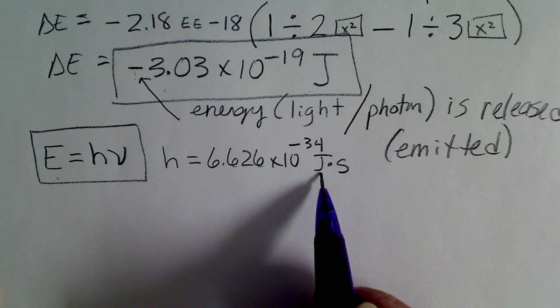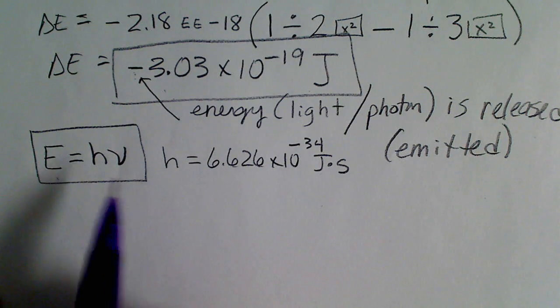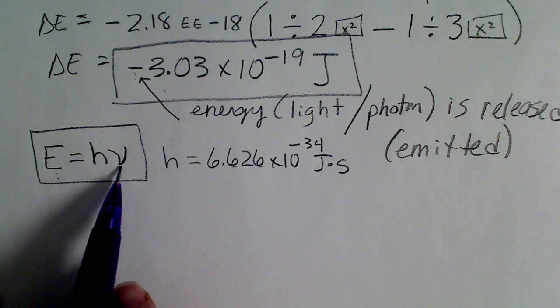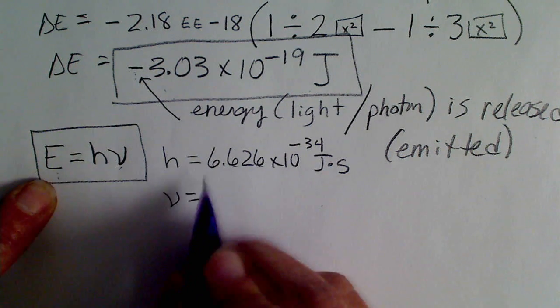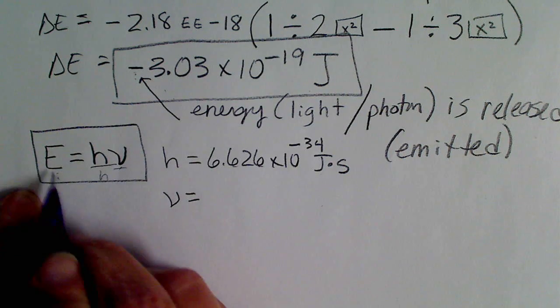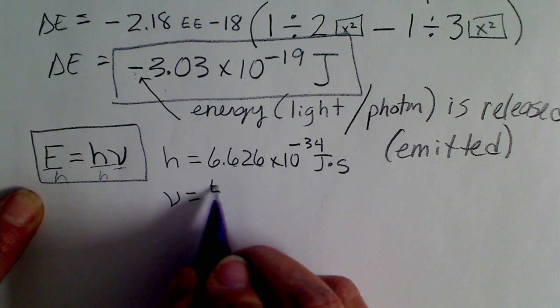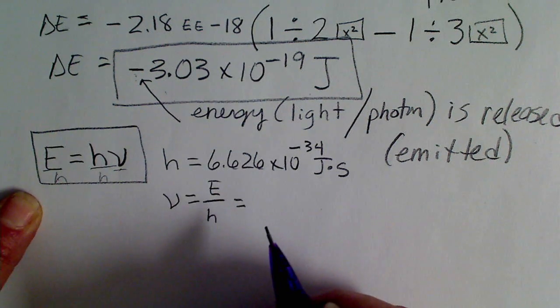And that has units of a joule times a second. So if we know the energy, we could calculate the frequency. And I don't think we're going to stop and do that, but, well, maybe we will. So if I divide both sides by h, then the frequency is the energy divided by Planck's constant. So I suppose we can do that.